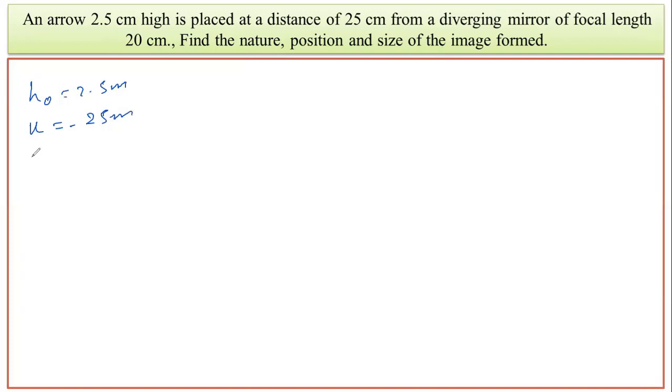Always u is negative, and v I don't have over here, but the focal length of the diverging mirror, so it is a convex mirror, will be taken as positive, that is positive 20 centimeter. Now you have to find v, the nature of the image formed, as well as the size of the image. These are the things you need to calculate.